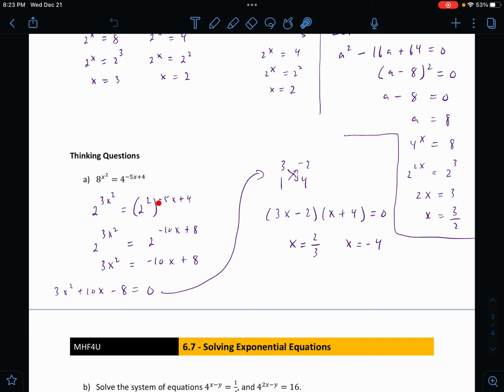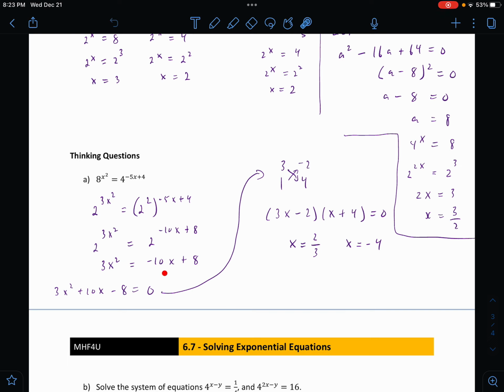We're going to have to distribute the 2 and multiply negative 5x and 4 by the 2. Once we do that, we get 2 to the exponent of 3x squared is equal to 2 to the exponent of negative 10x plus 8. We're ready to drop the bases. Get 3x squared is equal to negative 10x plus 8.